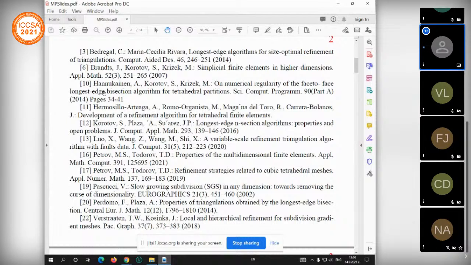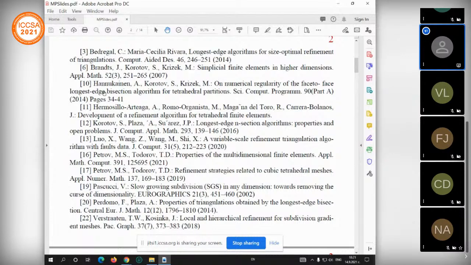The bisection methods have been generalized to arbitrary section methods by Korotov et al. [12]. Maybe it's not Korotov but Karotov, or my pronunciation is not clearly correct. Other refinement strategies have been demonstrated by Luo et al. [13], Petrov and Todorov [17], and Verstraeten and Kosinka [22].